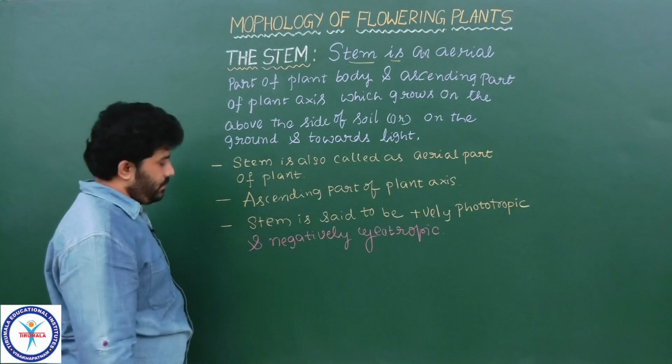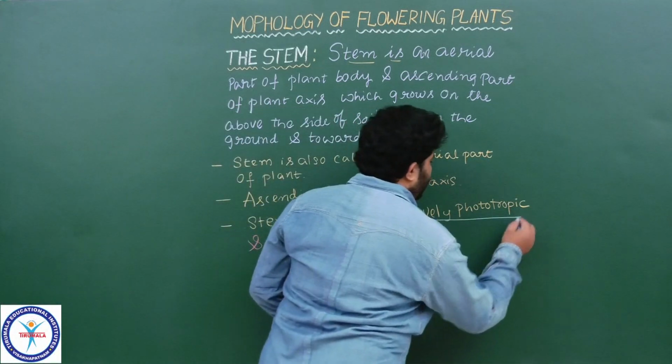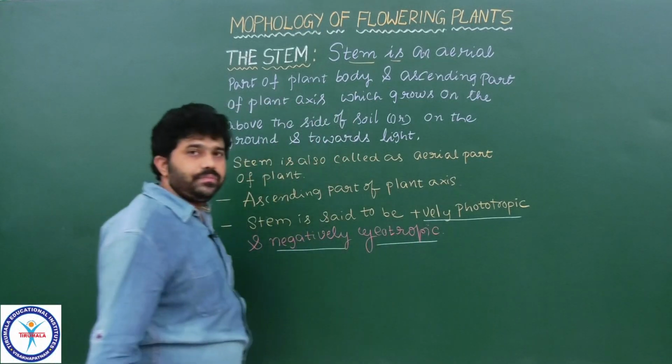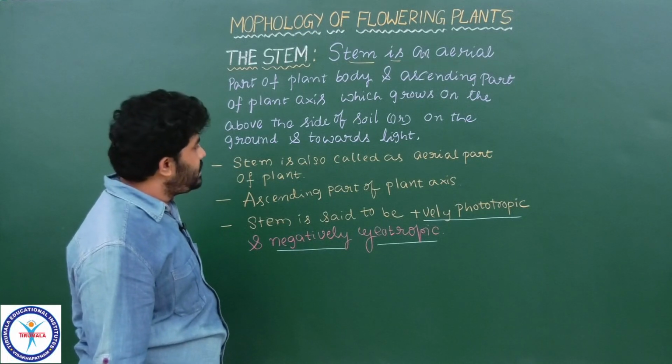Now you got the point. Stem is said to be positively phototropic and negatively geotropic. No stem part grows towards the soil in general.